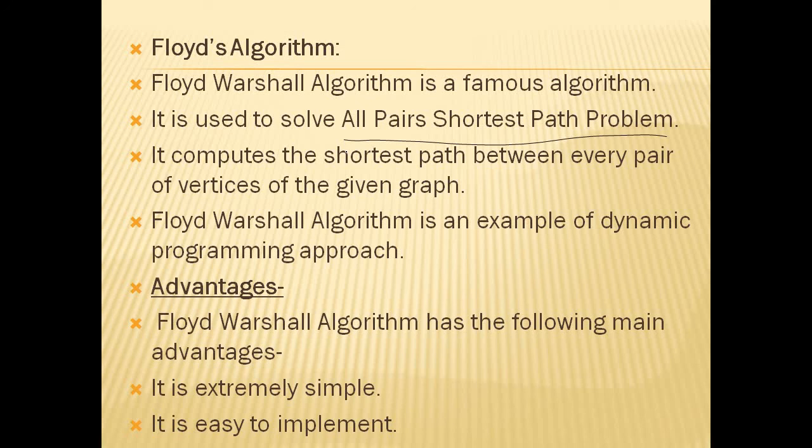For example, if we have 4 vertices, we'll calculate D0, which is the adjacency matrix of the given graph, and then D1, D2, D3, D4. If you're going with D1, it will copy the first row and first column from D0 as they are in D1. Then if there is any infinity on a particular row or column, I will copy that row or column from D0. Then for any empty entries, we will take the sum of the row and column values and place it there. Okay, this is the process.